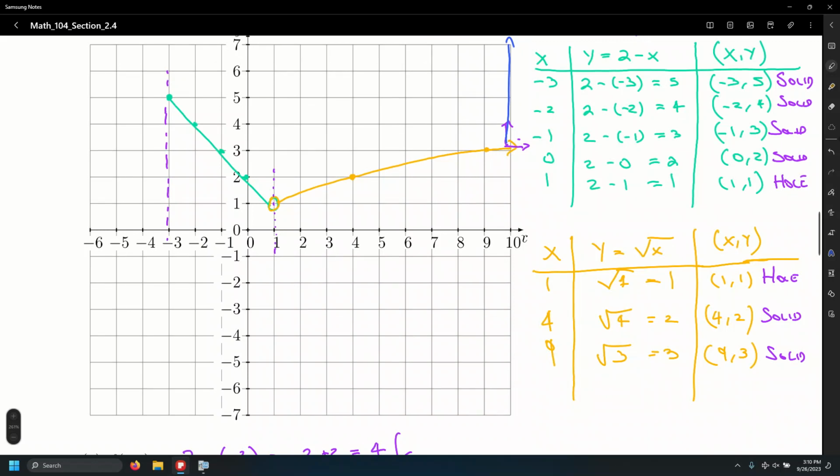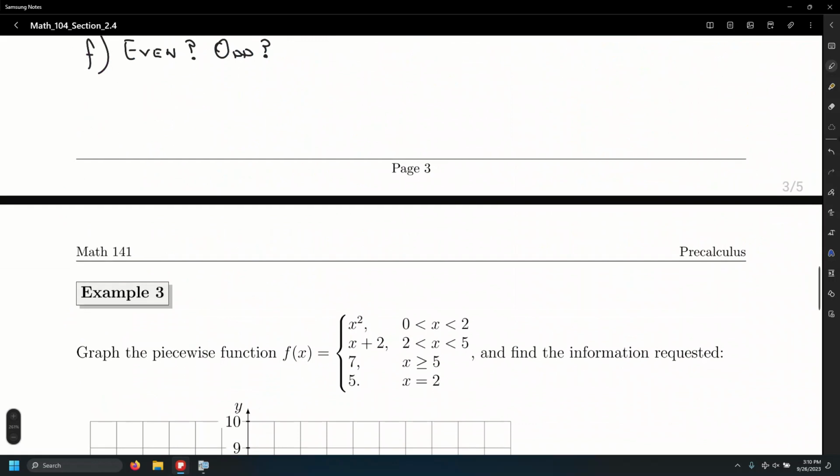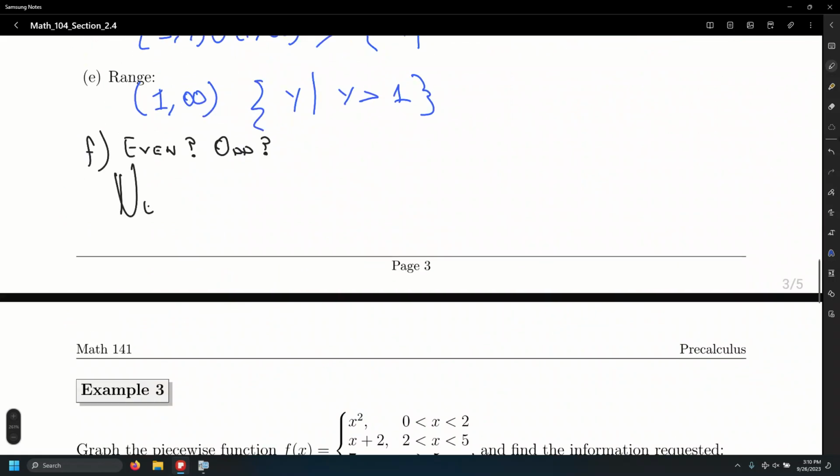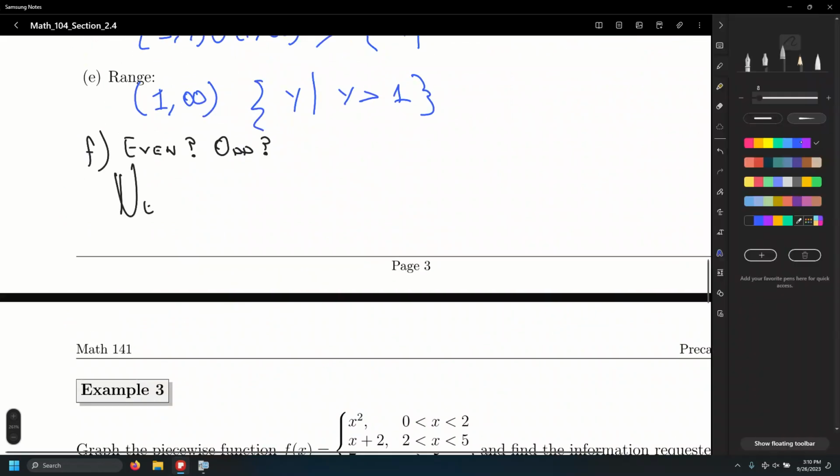There's no symmetry about the x-axis either. So, yep, that's true. Neither, all right?